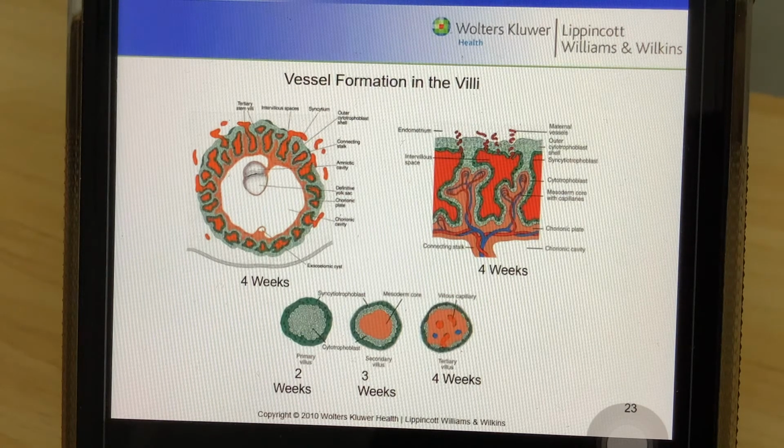So by now the numerous branching villi extend from the chorionic plate to this shell. So the villi consist of numerous blood vessels that have started to form the connecting stalk. Ganyan na ng villi. Basta muna siya mga spiral arteries. Nag-connect ang mother to the fetus.